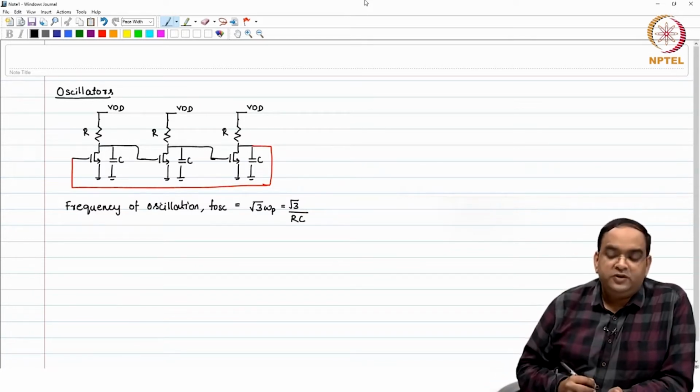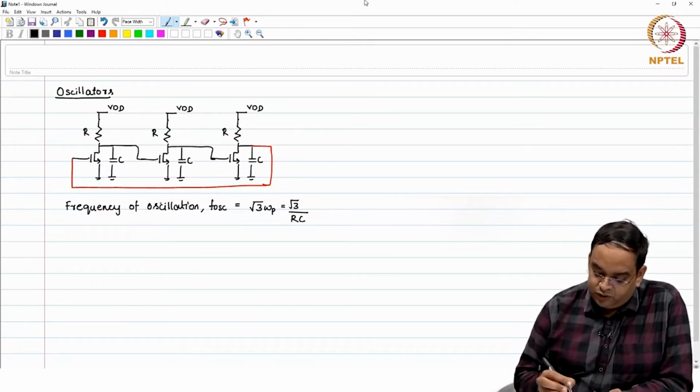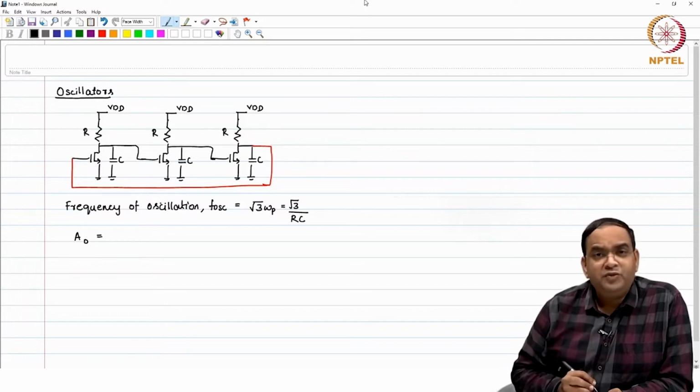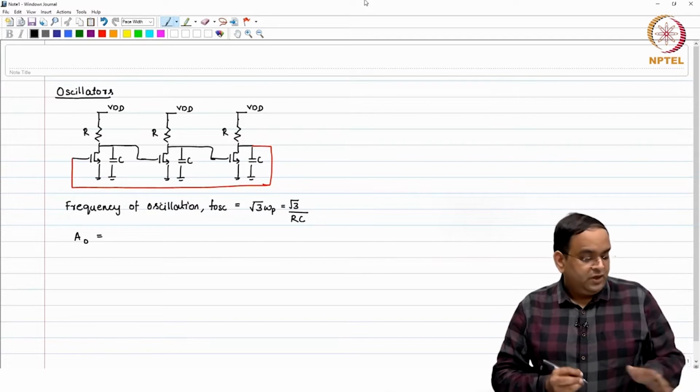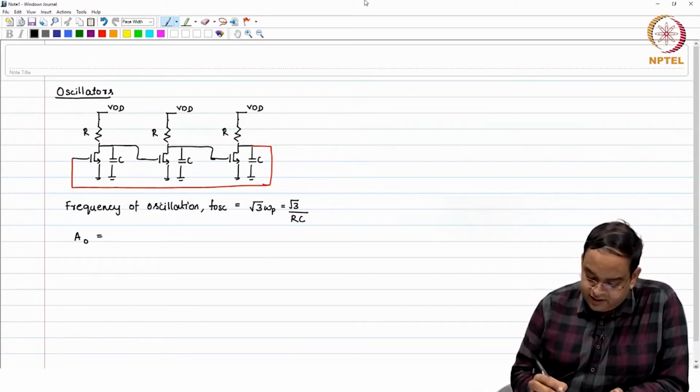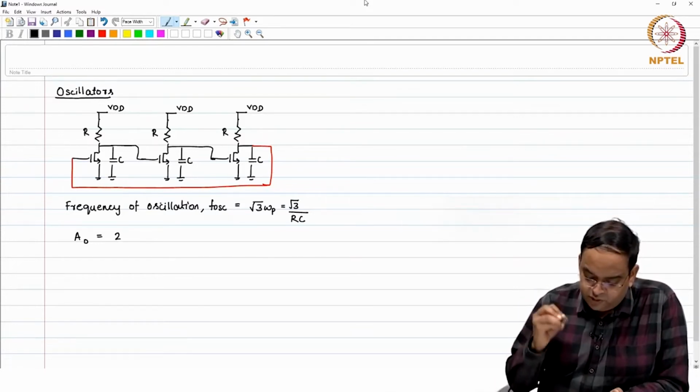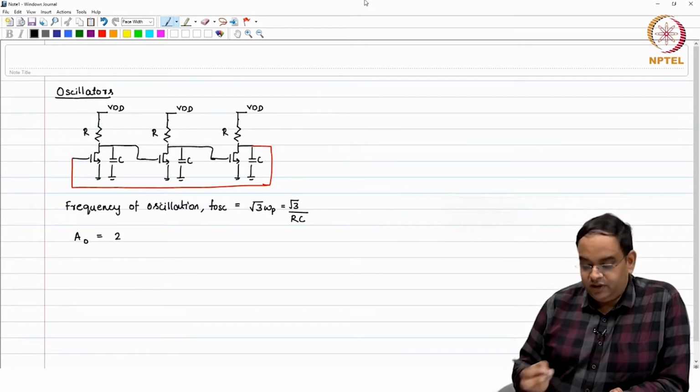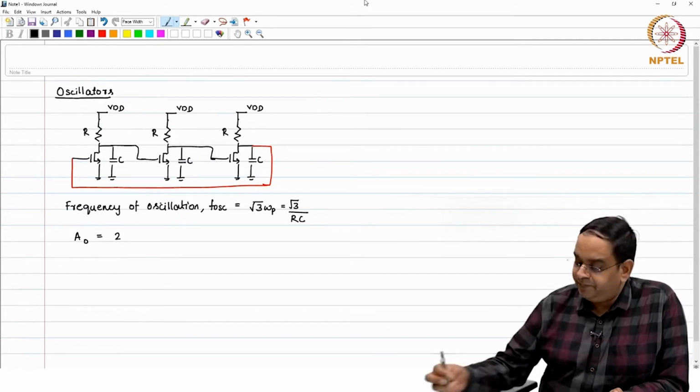So, this was the frequency of oscillation, and we also said you will have sustained oscillations if the DC gain of each stage is equal to 2. Given that the DC gain of each stage is equal to 2, you will have sustained oscillations here.